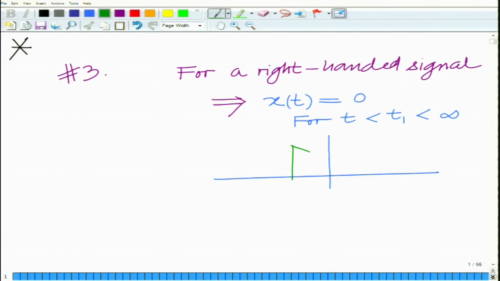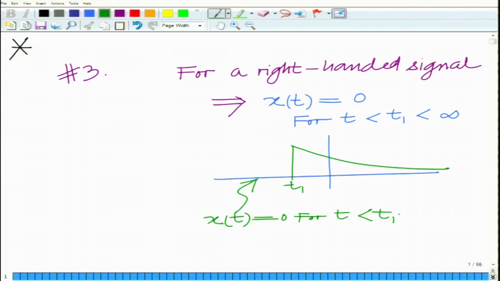It is some signal that looks like this. So, at t1, for all t less than t1 this is 0, and it is non-zero only for t greater than t1, that is, it exists only on the right hand side.